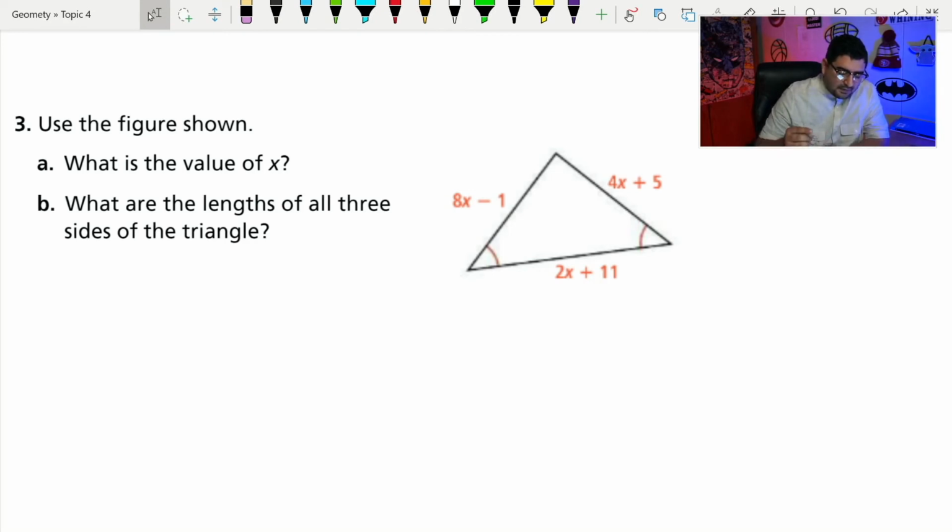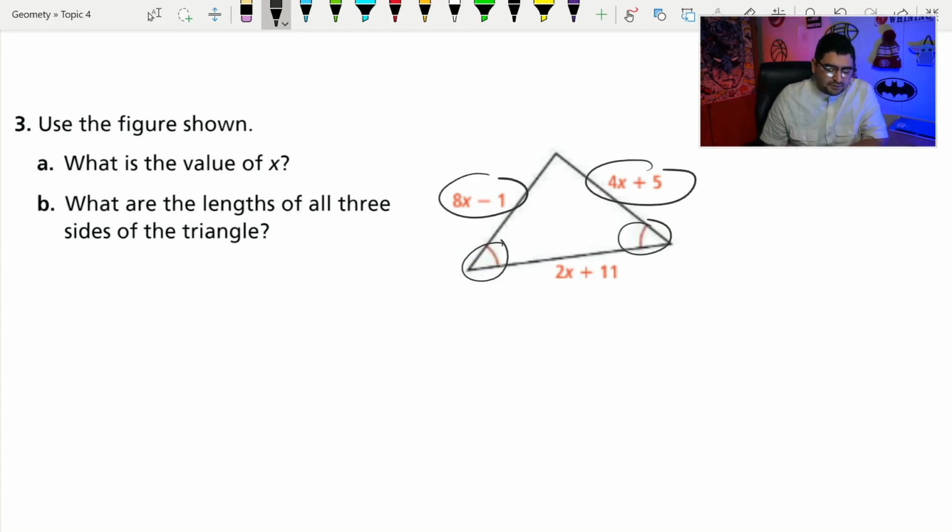This time, instead of them giving me that two sides are equal, they told me that these two angles are congruent, which allows me to know I can use the isosceles triangle theorem. Because if these two angles are equal, this is an isosceles triangle. Because it's an isosceles triangle, I know that these two sides have to be equal to each other.